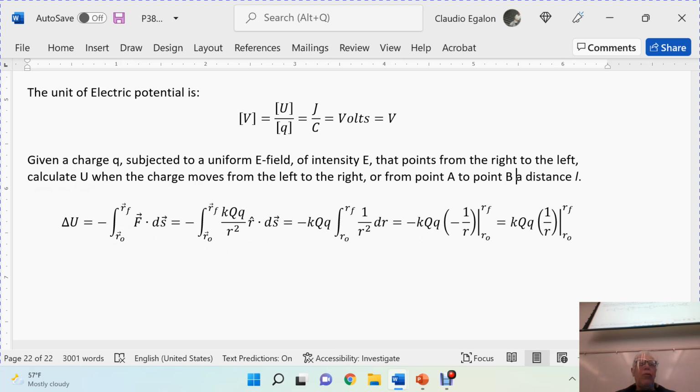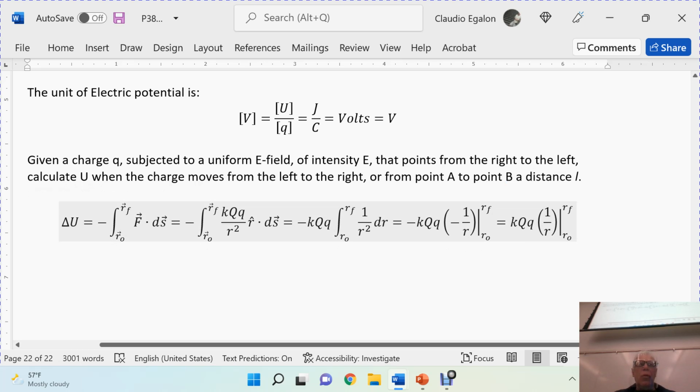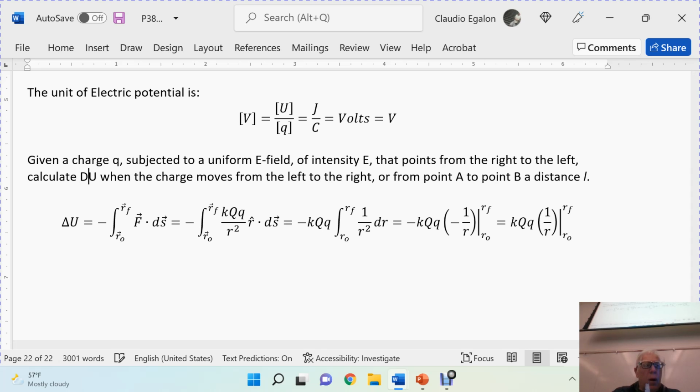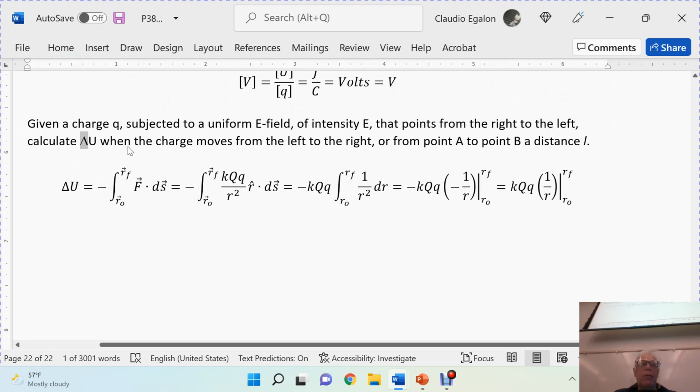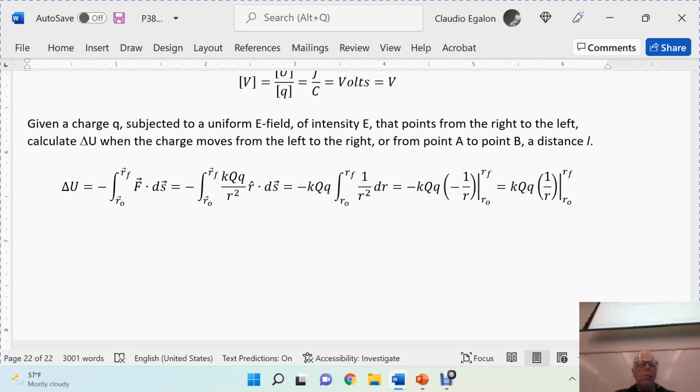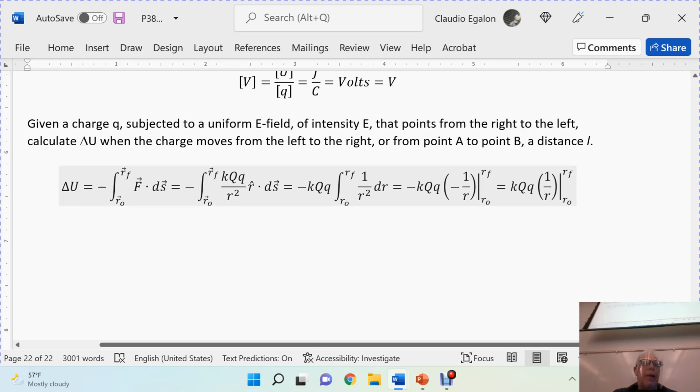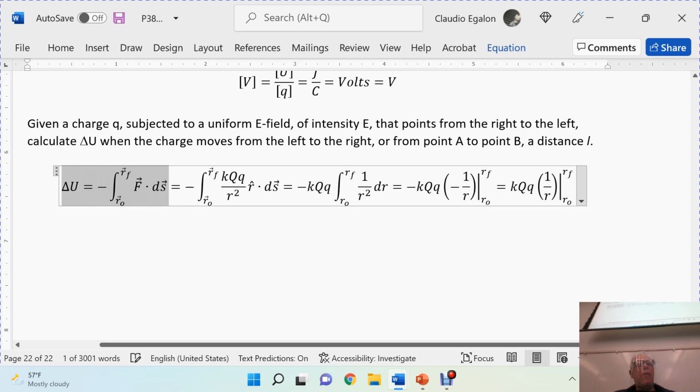It's not U, right, but delta U. Calculate delta U when the charge moves from the left to the right at distance L. So we go ahead and come up with the definition, right?